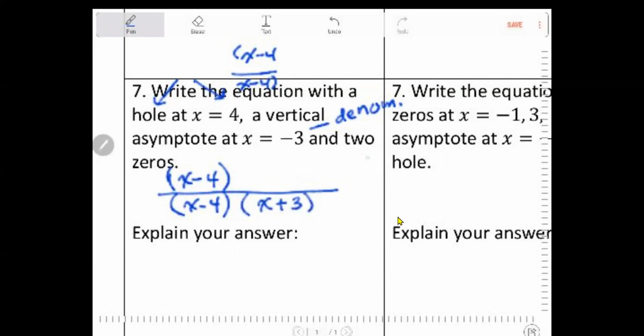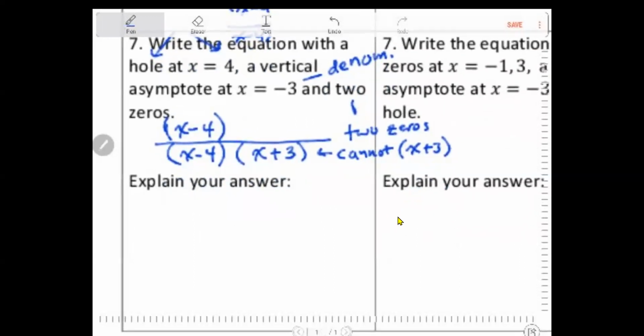Now it says find 2 zeros. I think I can put just about any number I want in there, with one exception. It cannot be x plus 3. Why not?